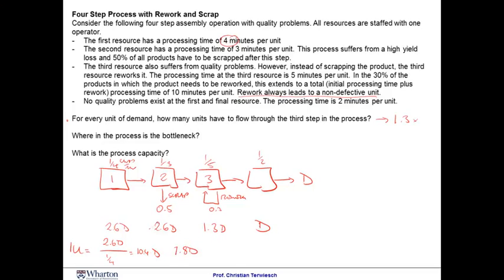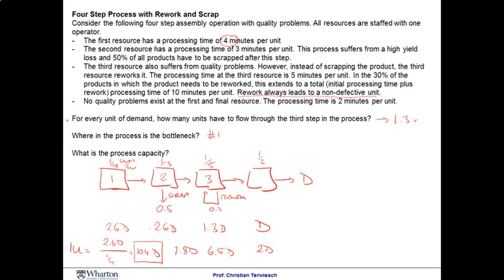So 2.6 D times 3, or equivalently divided by 1 over 3, 6.5 D here, and 2 D for station number 4. The biggest implied utilization is the bottleneck, and that is station number 1. So station number 1 is the bottleneck.